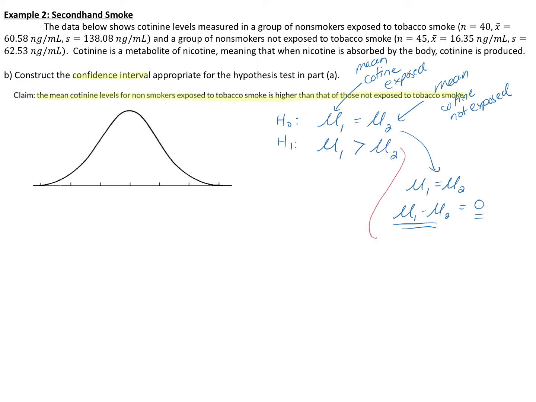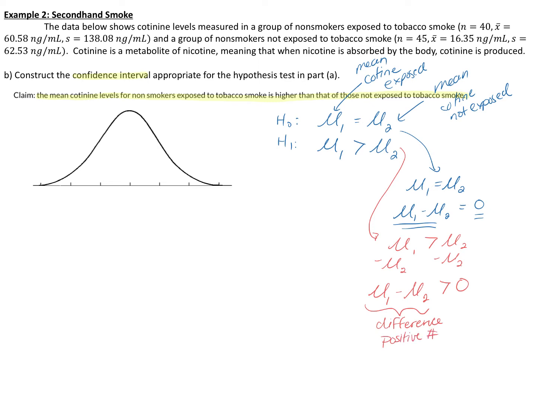But in the alternative hypothesis here, if mu1 is in fact greater than mu2, then when I subtract mu2 from both sides of that inequality, the difference, mu1 minus mu2, we can see here that that difference is greater than 0. So a difference greater than 0 means that that difference is going to be a positive number, okay?